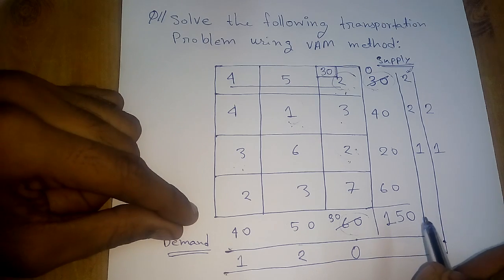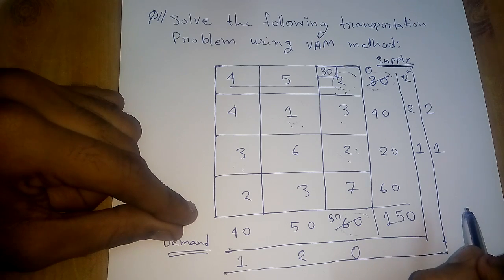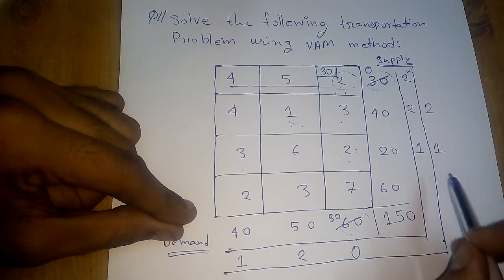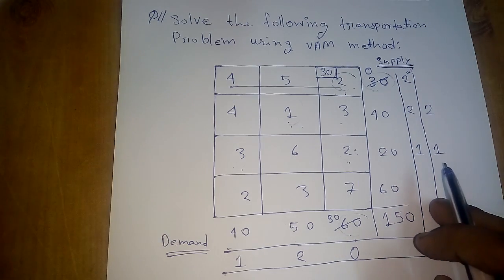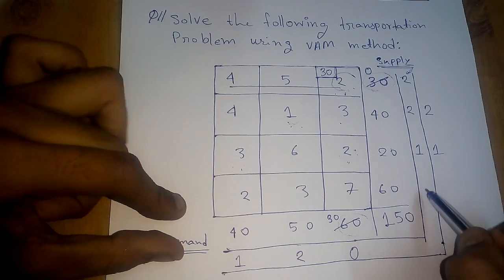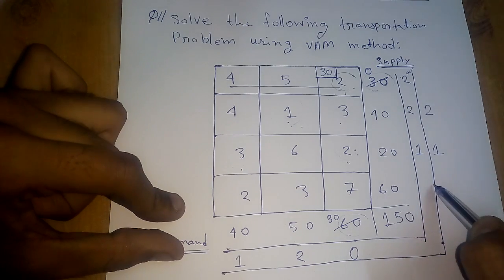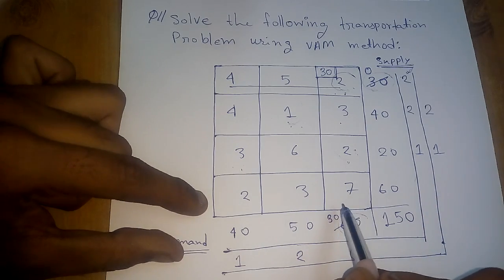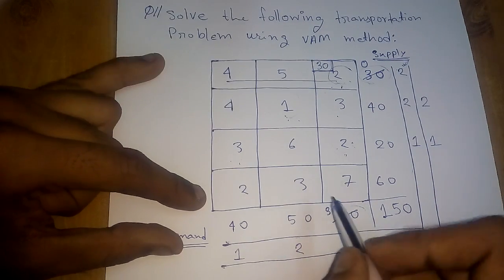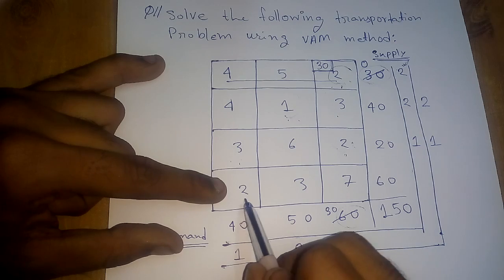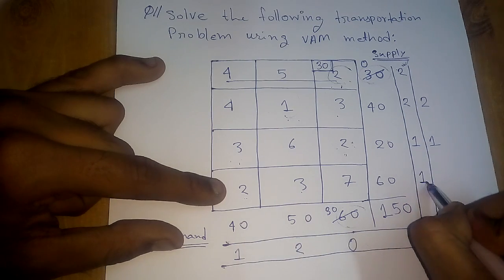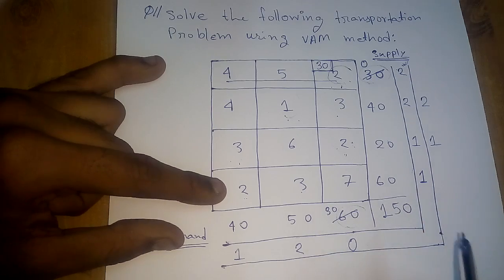And sorry, in the previous penalty part I didn't write the penalty value here. I didn't check this row, sorry for that. So here the difference is 2. 2 is the least value and greater value is 3, so the difference will be 1.